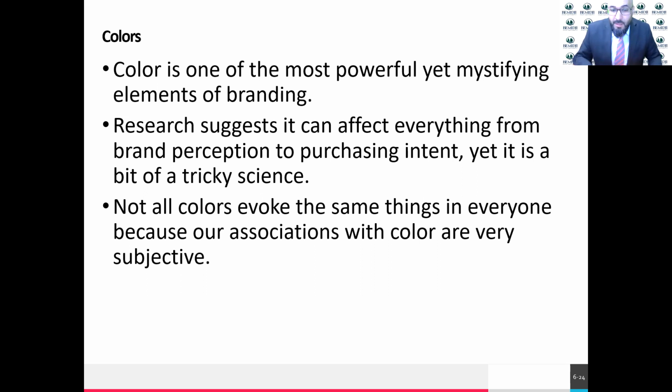Not all colors evoke the same things in everyone because our associations with color are very subjective. So if you're using color, pick 2 or 3 colors for your logo and use these 2 or 3 colors every time, for every template, for every marketing tool. This will help you have consistency and that will be part of your brand.